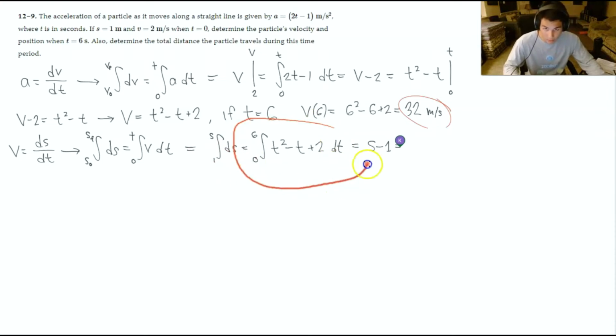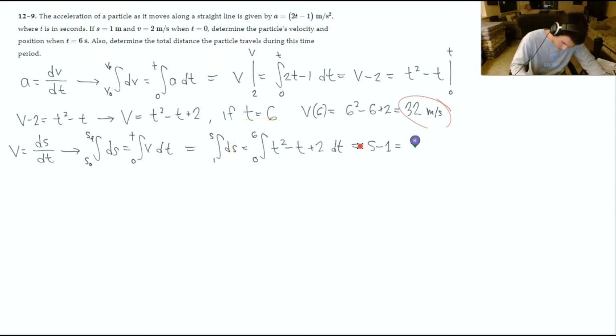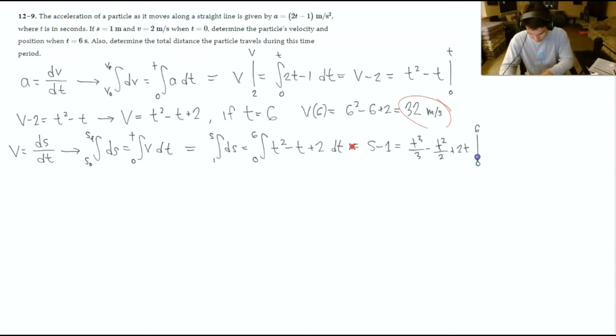And the right-hand side integral is going to be t cubed over 3 minus t squared over 2 plus 2t from 6 to 0. Okay, so s minus 1 is equal to what? Now I'm going to factor out a t real quick.